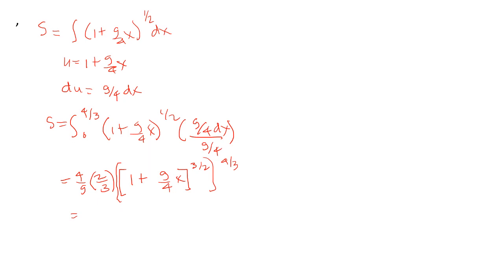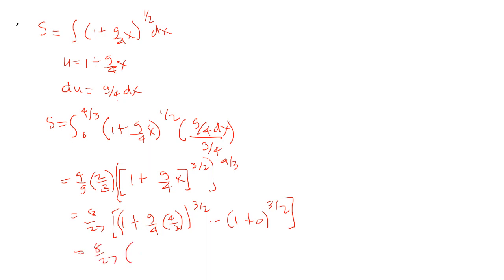Or equals 8 over 27 times (1 plus 9 over 4 times 4 thirds) to the power 3 over 2, minus 1, or equivalently 8 over 27 times (1 plus 3) to the power 3 over 2 minus 1 to the power 3 over 2.